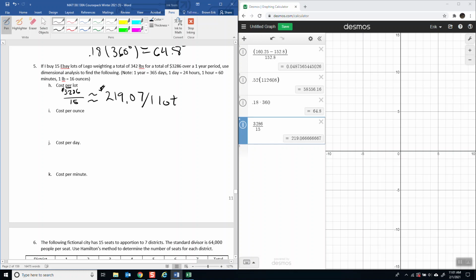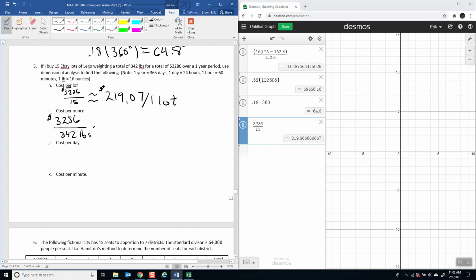All right, the cost per ounce. Ooh, so this one we're going to have to use a little bit of dimensional analysis. So we're going to start with our cost, $3,286, and that is for 342 pounds. So we want this denominator to be in ounces.